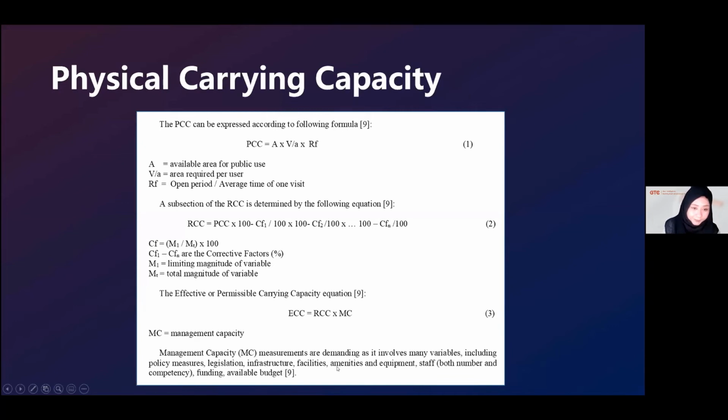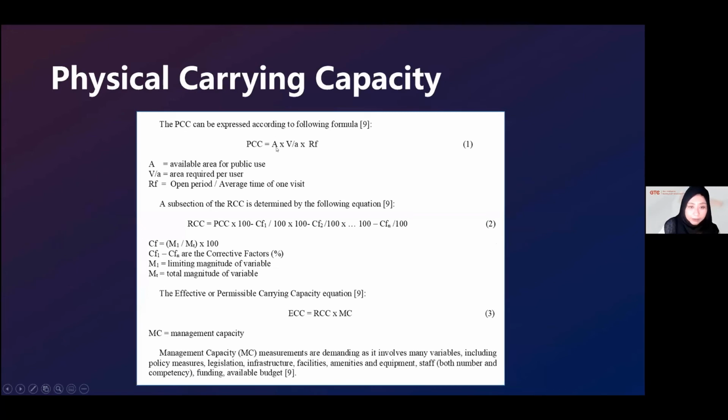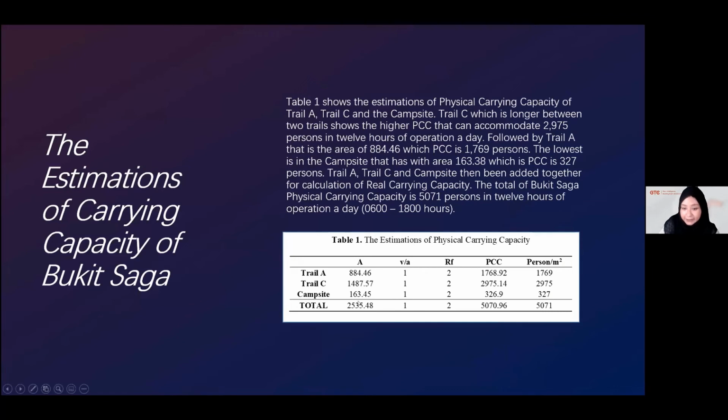All right. Okay. So after estimating using that calculation, PCC per month, I go again to this one: area required per user, and the open time from 7 a.m. to 7 p.m. We got this number 1769, and for trail C 2975.